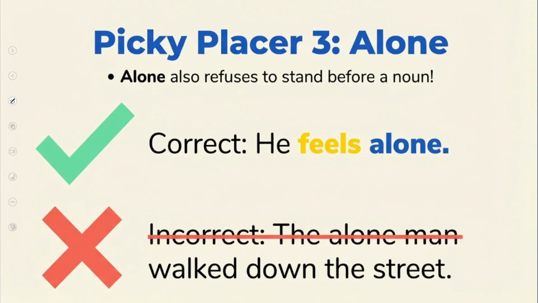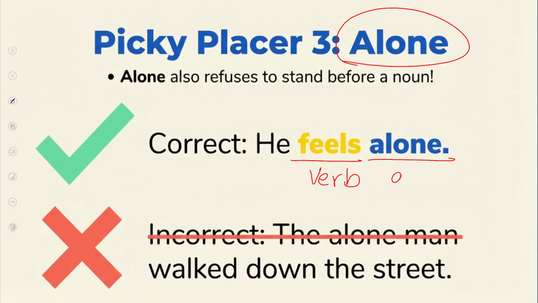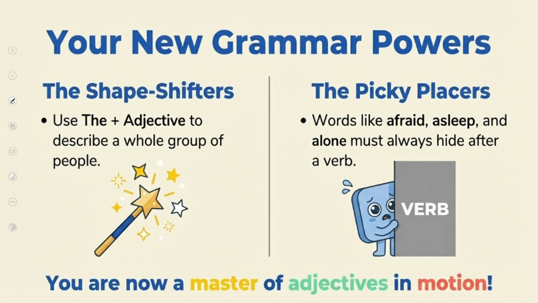Alone also wants a verb before it. And feels is a verb. And alone is an adjective, as you already know. So some adjectives want a verb before them. Got it? For example, we have just learned afraid, asleep, and alone.